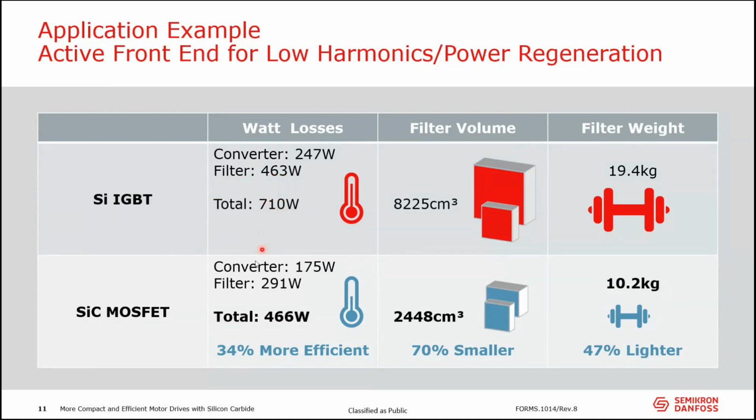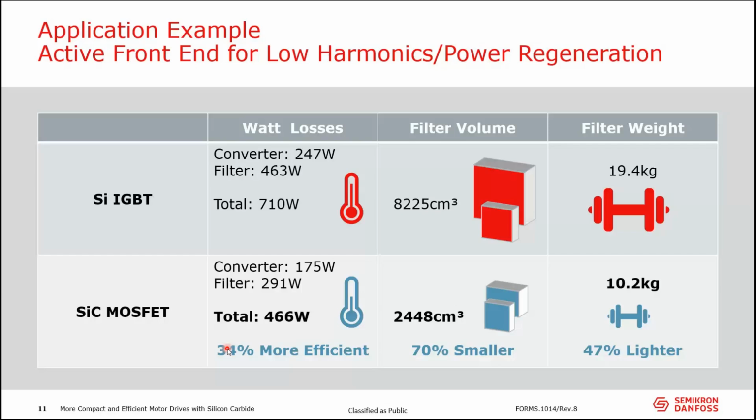If we go to silicon carbide, then the converter losses greatly drop, 175 watt, and the filter losses also drop, 291, in total 466. That means just in the converter and the filter, we have 34% lower losses, 34% more efficiency, just by switching to silicon carbide and increasing the carrier frequency a little, so a factor of 4.